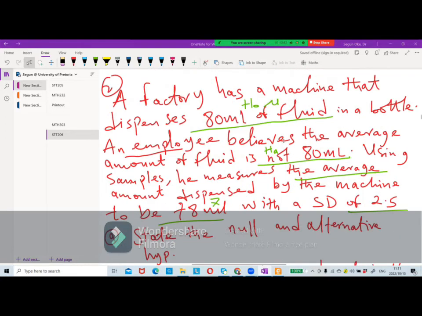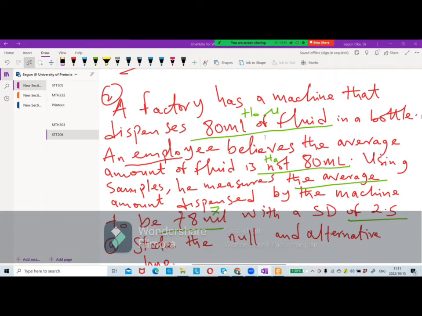Now, if you look at this question, it says a factory has a machine that dispenses 80 ml of fluid in a bottle. An employee believes the average amount of fluid is not 80 ml.